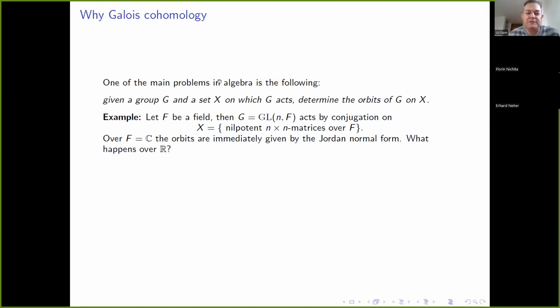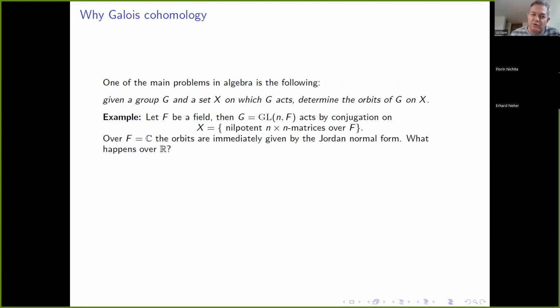Just an example. If we take a field F and take the group GL_n(F), which acts by conjugation on the nilpotent n by n matrices over F, then you can consider several fields. If you look at your normal forms, for example over the complex numbers, you immediately get a classification of the orbits. And the next question could be, what happens if you take the field equal to the real numbers?